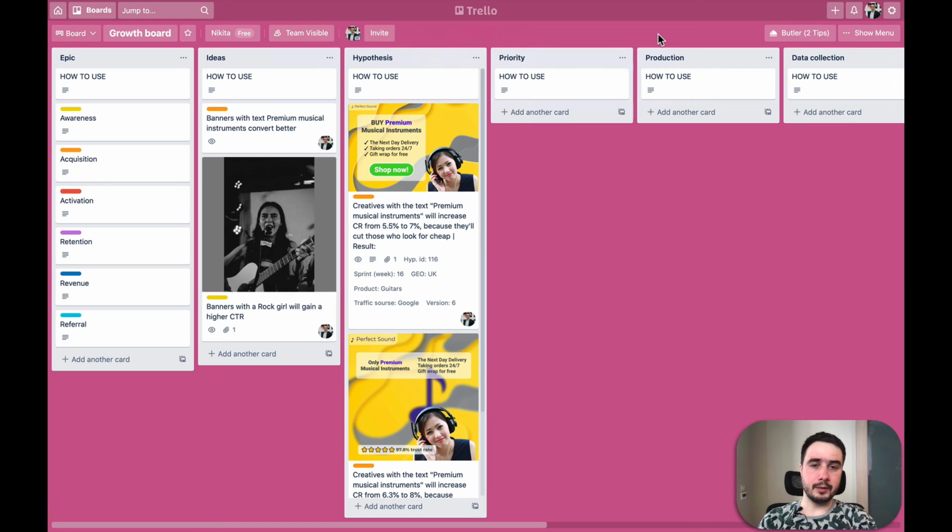And one more thing about testing banners for Google. As you know, there are a lot of formats over there, especially if you touch regular display ads. And ideally you can run an independent hypothesis for each of the sizes, because sometimes it happens, and it happens very often, that banners of one size convert better with one text, and banners of another size convert worse.